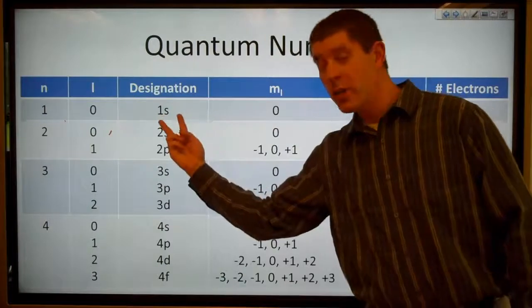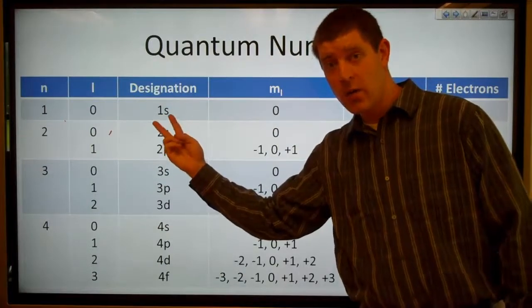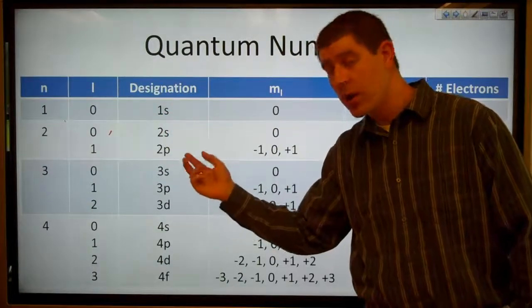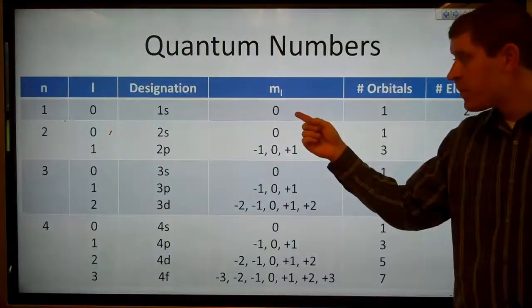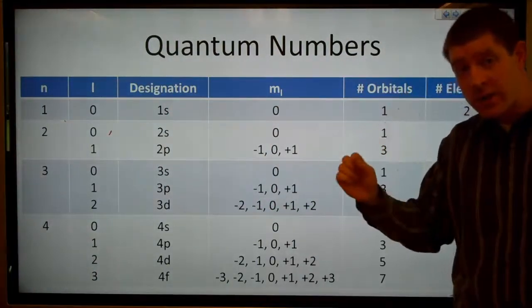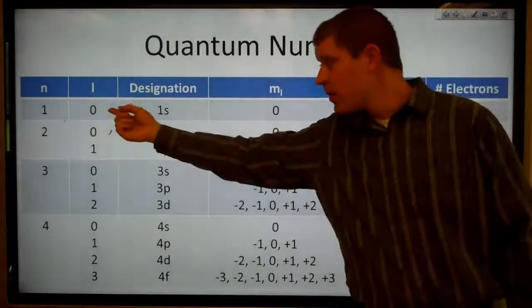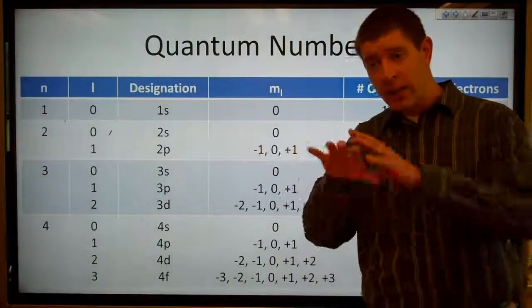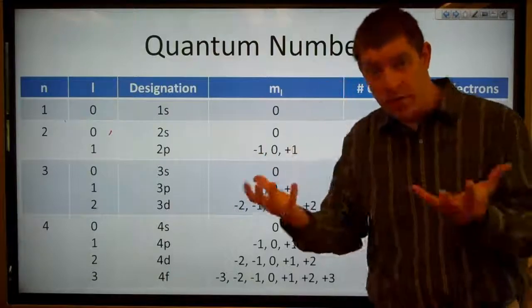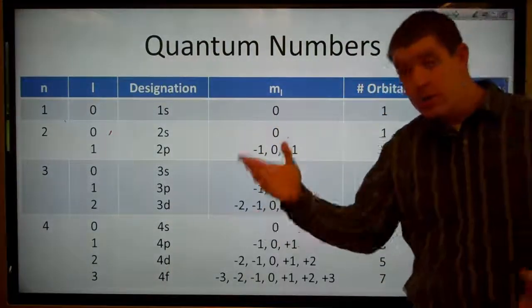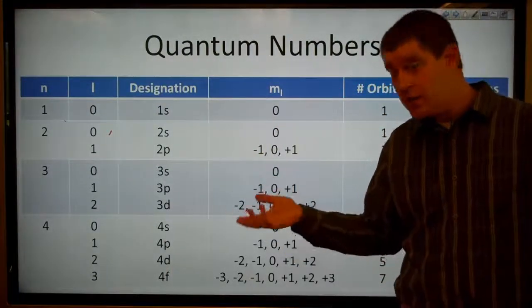Those two tell us which designation it is, 1s, 2s, 2p, and so on. The m sub L tells us which orientation in space it is. For L equals 0, an s orbital, it's spherical, so it doesn't really have a direction associated with it. The p and d orbitals do.